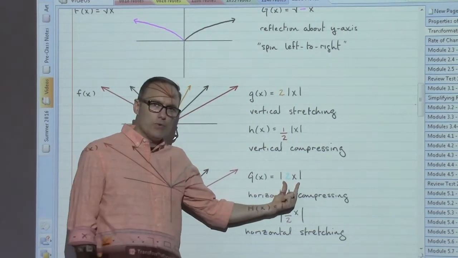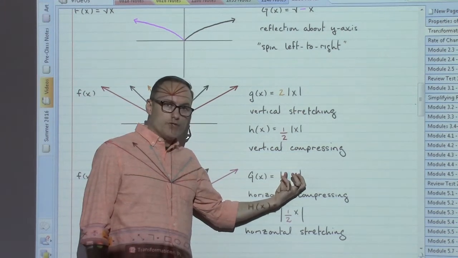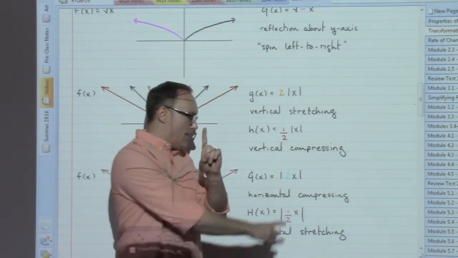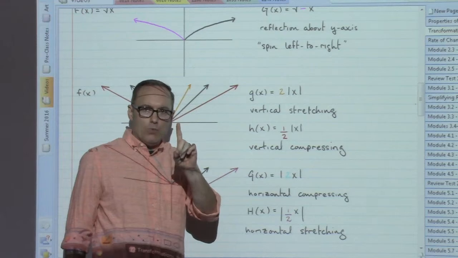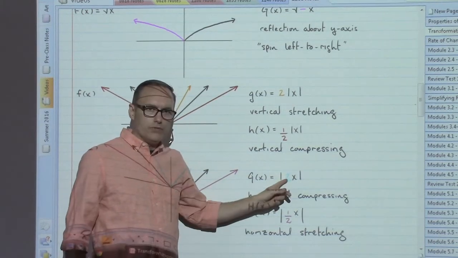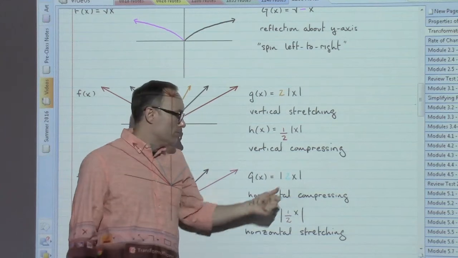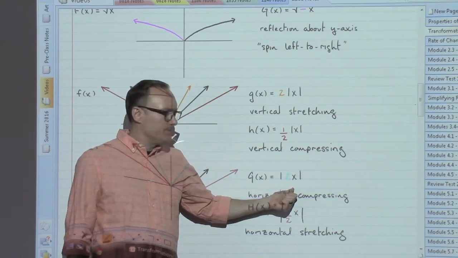Again, that has to do with how we take something in the original function like a 1. Now we've got 2 times x. Instead of plugging in a 1, well, 2 times x. How do we get that same 1 coming out? Well, it's going to be plugging in an x equals 1/2.